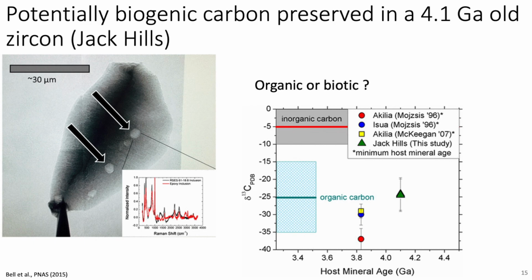What we see here reports some old organic matter. That's the study reported here from the Jack Hills zircon. There are some other studies from other locations, mostly, I think, in Isua or nearby, that had already reported some depleted carbon that had also been interpreted at that time as biological, or potentially biological, carbon. But there are also some other processes that can change the isotopic ratio.